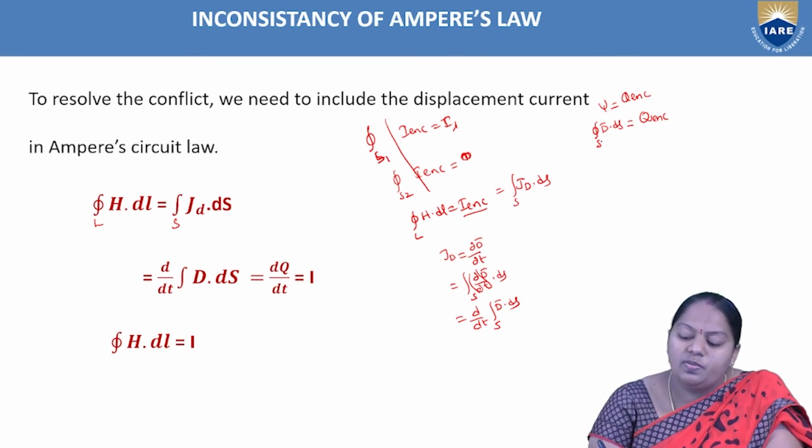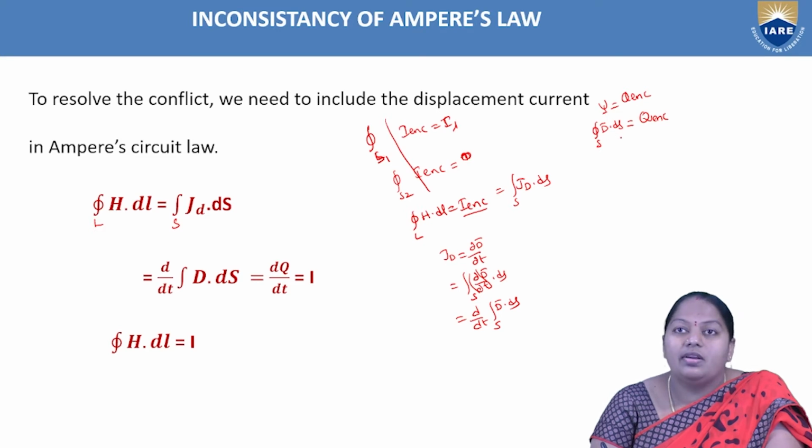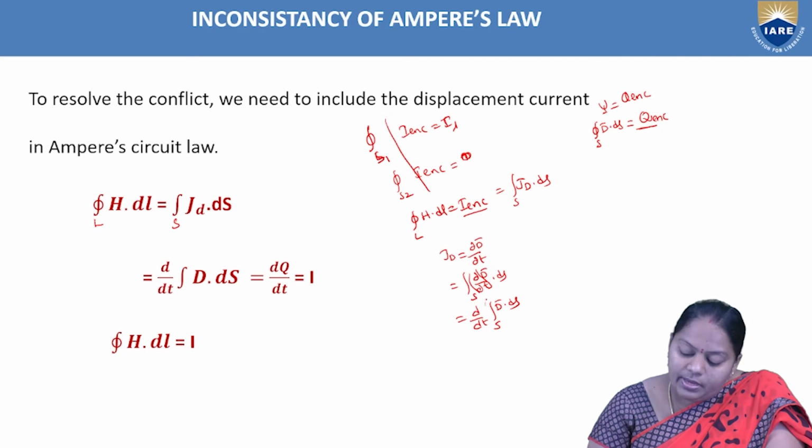The flux passing through any closed surface. Hence, electric flux is represented with psi and the flux density is denoted with D bar. So psi is replaced by the integral over S of D dot ds, which is nothing but q. If we replace this total term by q according to Gauss law, then we get dq by dt.